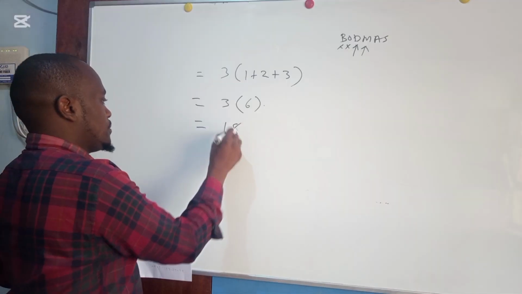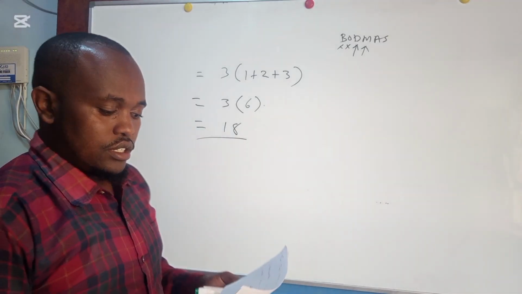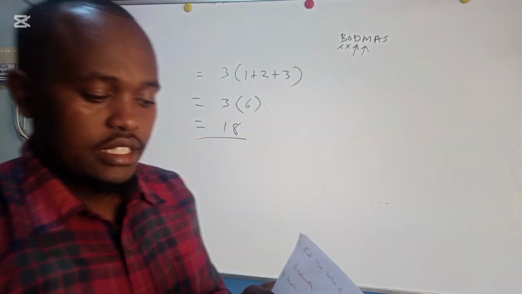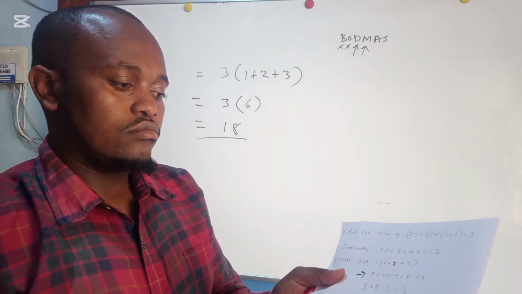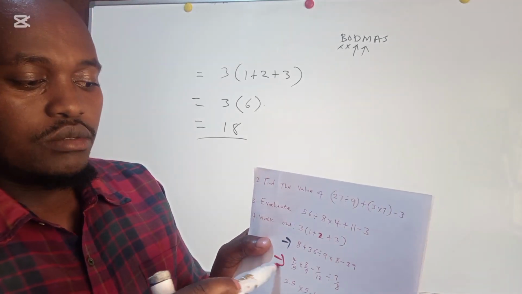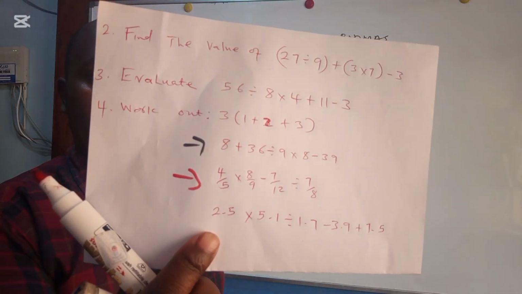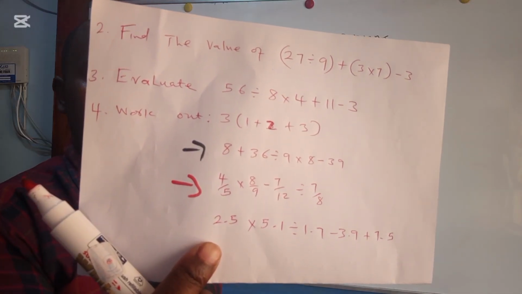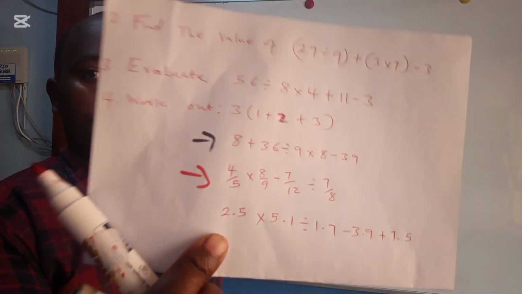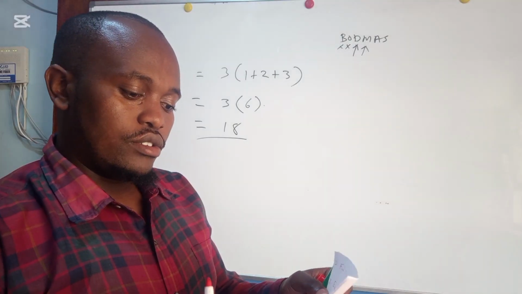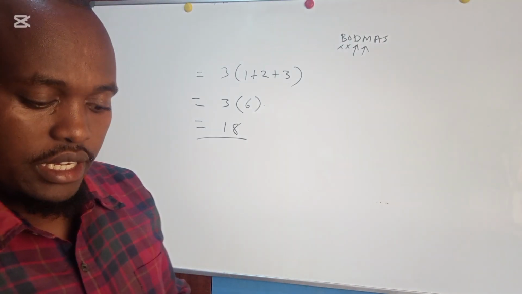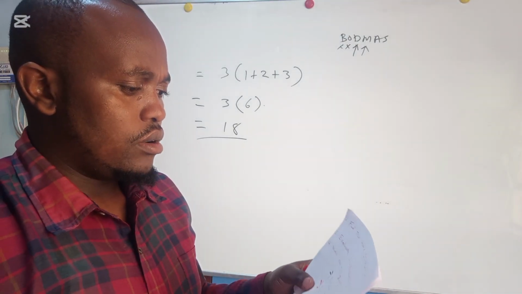So I'm going to leave this question that begins with 4 over 5, the third question after 4 that I have put a red arrow. That one I'm going to leave for you. You do it. Oh, I think we can do it because it's a fraction.